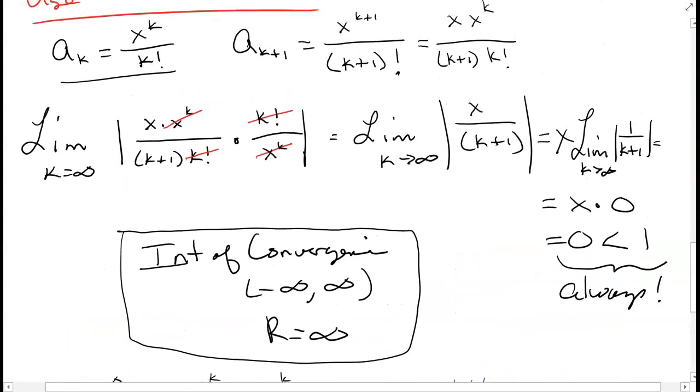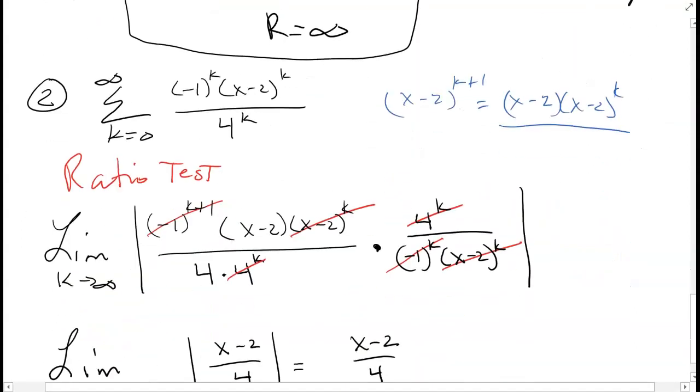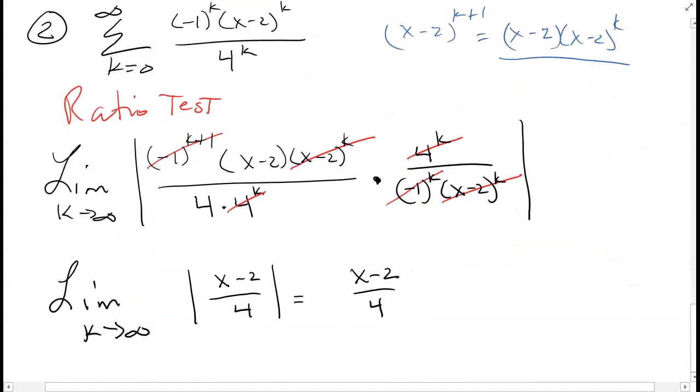In that first example, my limit went to 0. There was no x left, and it was all real numbers, basically. In this one, my k is gone from my limit. So now I actually have this expression. What do we know about the ratio test? It converges when the absolute value is less than 1.